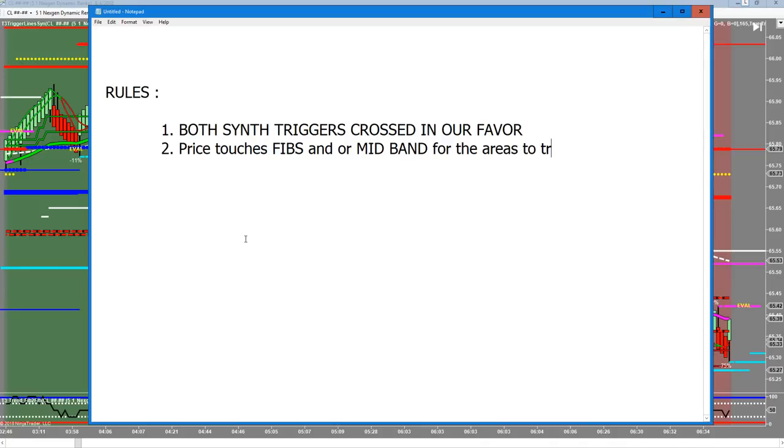Number 3: fib to fib oscillator is in the lower 25% for buys, upper 25% for sells.